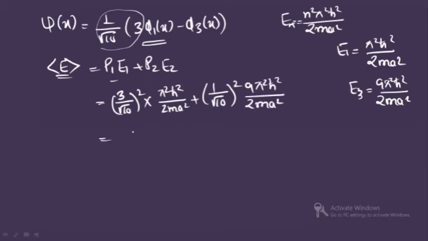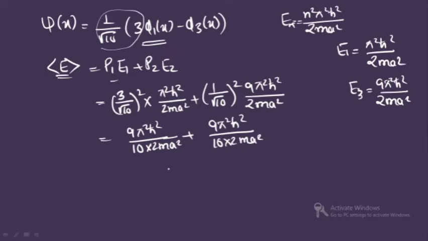Now you see what you will get. This will give you 9 pi square h cut square by 10 into 2 ma square, plus, in the numerator again 9 pi square h cut square divided by 10 into 2 ma square. The denominator is the same. So 9 plus 9 will give you 18, and 10 into 2 is 20. This is pi square h cut square divided by ma square.